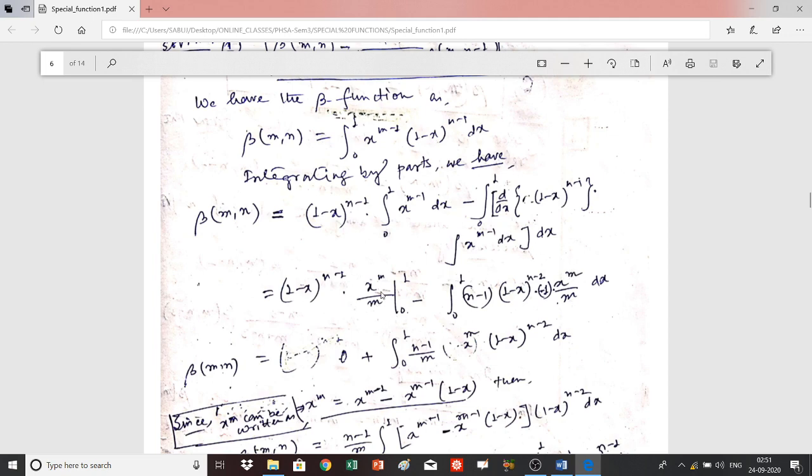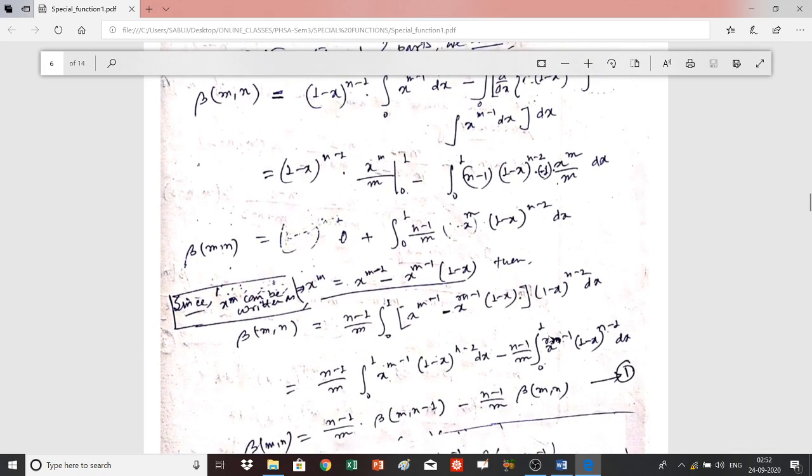So if you use the limits of x in this term, that will give you 0, because if you use 1, then it will give you 0, and if you use x as 0, this term will also give 0. So this term is nothing but 0, and this negative sign will convert to a plus sign. So plus the integral from 0 to 1 of (n minus 1) by m, x to the power m from here, and then (1 minus x) to the power n minus 2 dx.